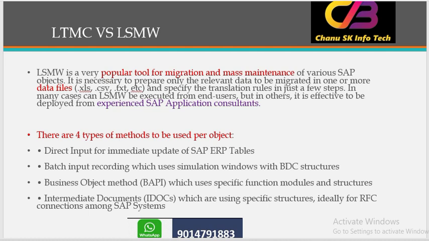Batch input recording uses simulation windows with BDC structures. The business object method BAPI uses specific function modules and structures. iDoc uses specific structures, ideally for RFC connections among SAP systems. So these 4 methods are very important in LSMW.